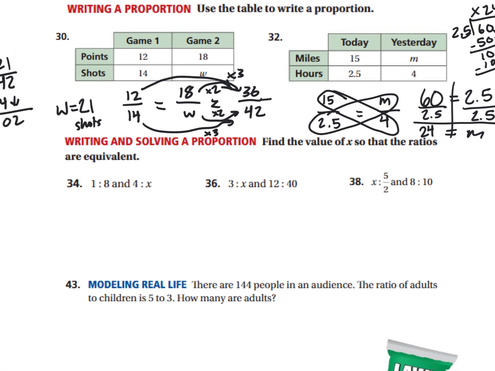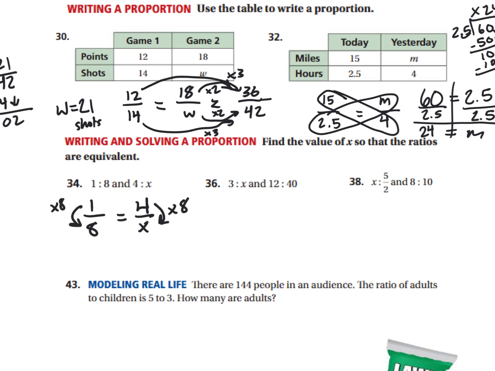Okay. The next one's, right, find the value of x so that the ratios are equivalent. Again, to set this up, we're just going to write our ratios in fraction form and set them equal. 4 over x, a whole bunch of ways that you can do this. What I'm looking at is that 1 times 8 is 8.